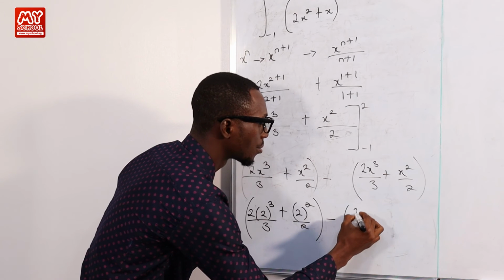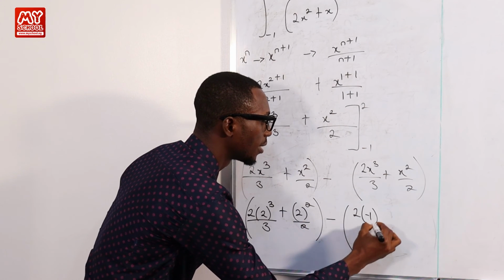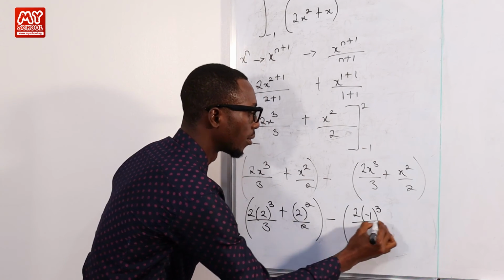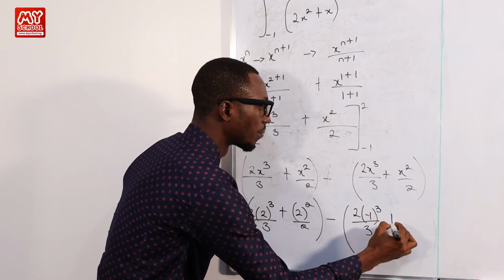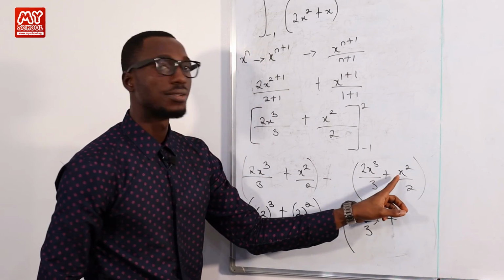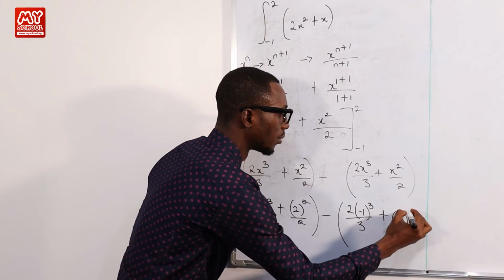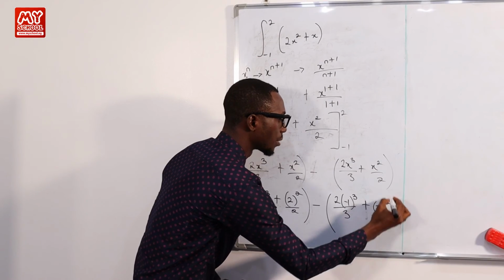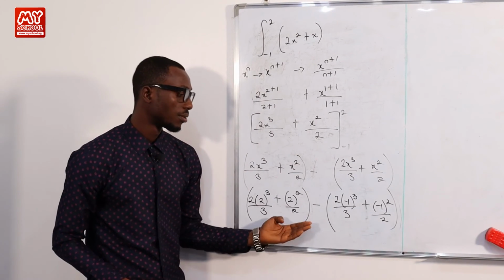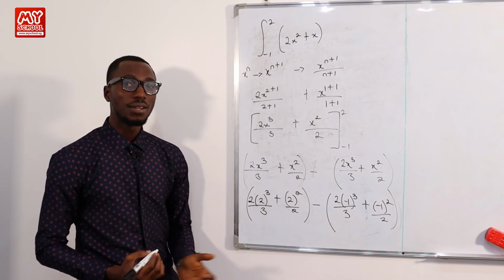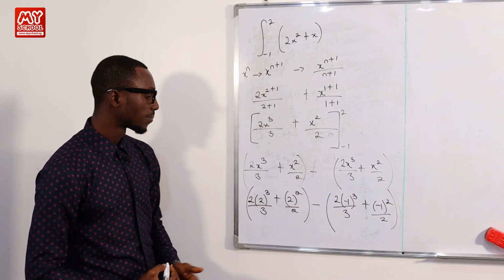We open our bracket, 2 into bracket minus 1 raised to power 3 over 3, plus x is replaced by minus 1 raised to power 2 over 2. So now, let's see if we can open up the brackets.